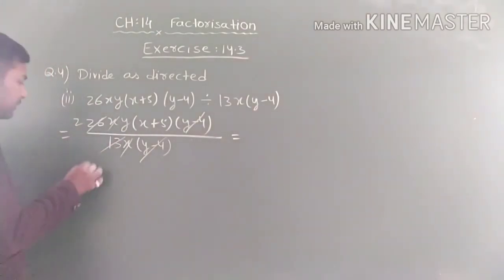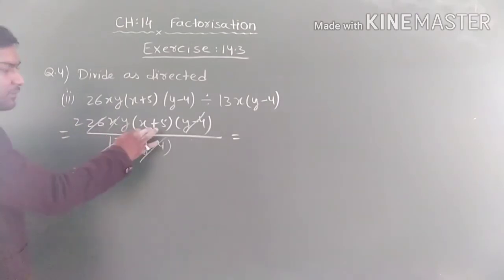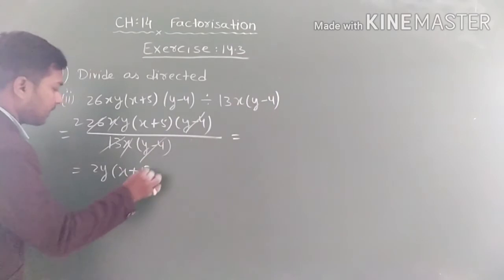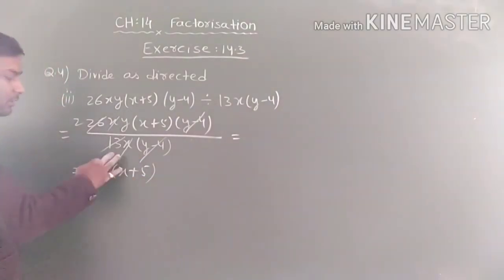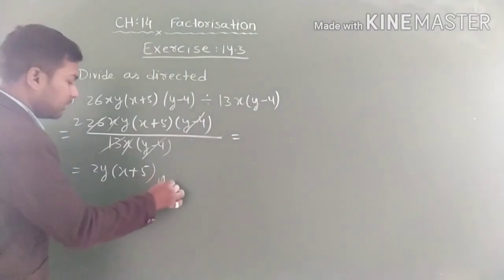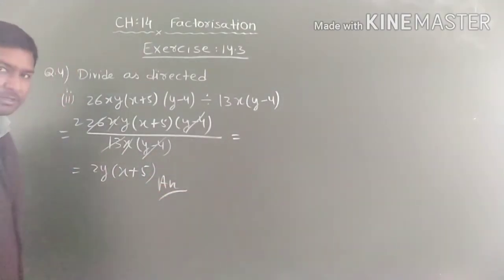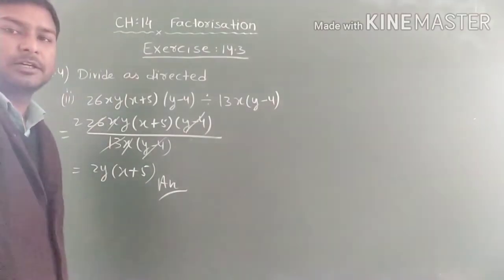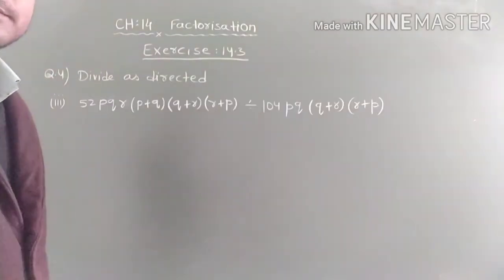Now what is left? 2y into x plus 5. And in the denominator, no term is left. So this will be the answer.